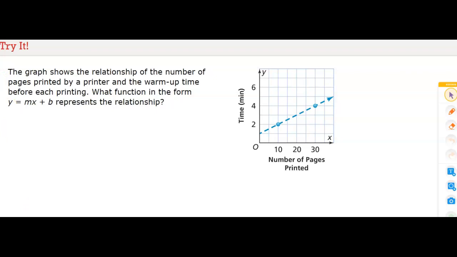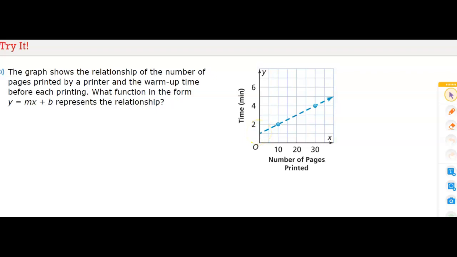The graph shows the relationship of the number of pages printed by a printer and the warm-up time before each printing. What function in the form y equals m times x plus b models the relationship? So the first thing we can find is our y-intercept. Remember, the y-intercept b is where the line crosses the y-axis. So right here would represent our y-intercept of 1.